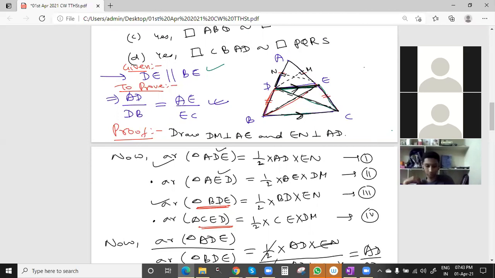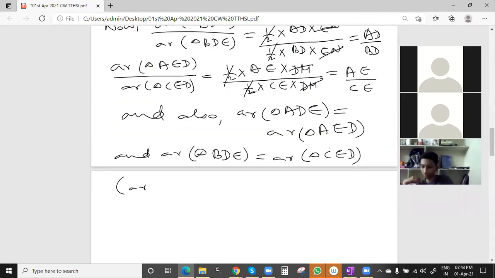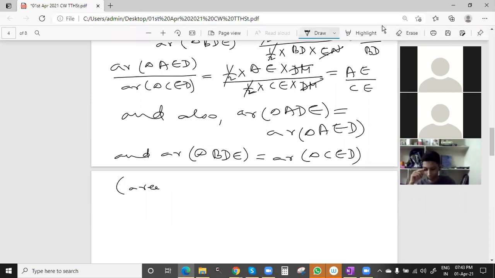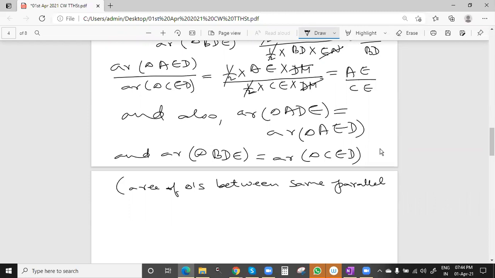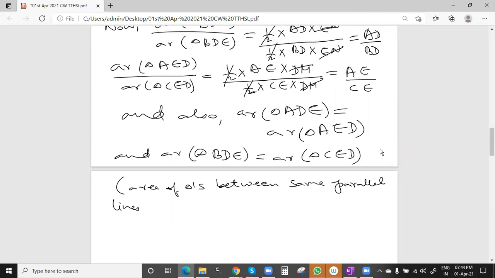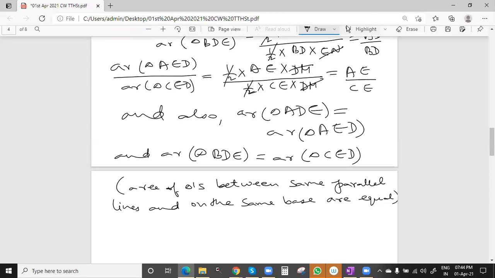Area of triangles, meaning any number of triangles, more than two also, between the same parallel lines and on the same base are equal. So these two areas will be equal.